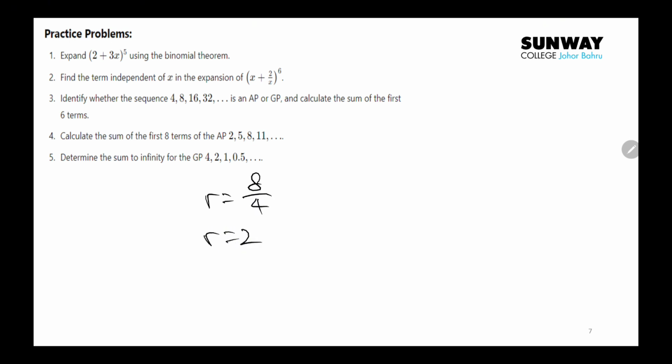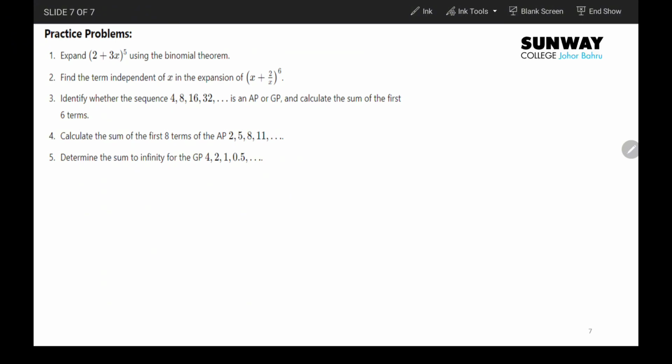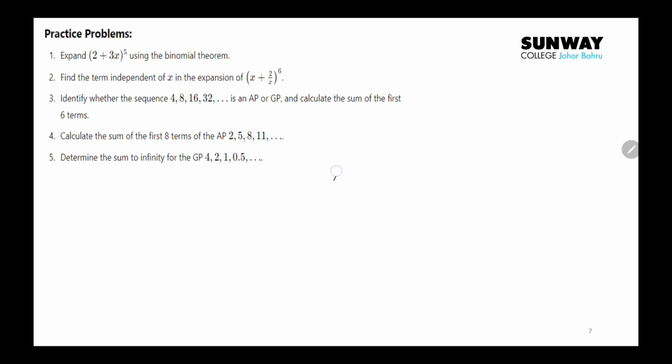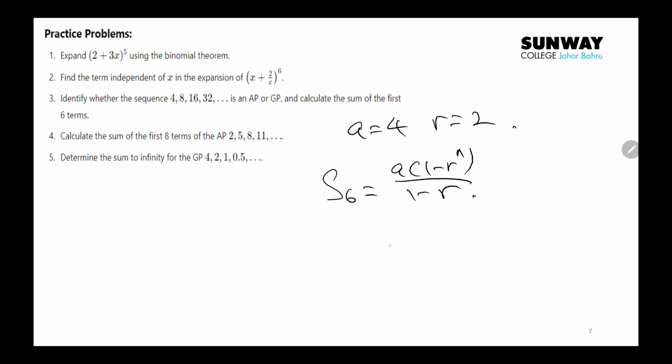If you multiply the present term by 2, you will get the next term. Calculate the sum of the first 6 terms. So we're evaluating S6. Our a value is 4, common ratio is 2. So S6 equals a(1 minus r^n) over (1 minus r), equals 4(1 minus 2 to the power of 6) over (1 minus 2). Evaluate it, then you will be able to get the answer.